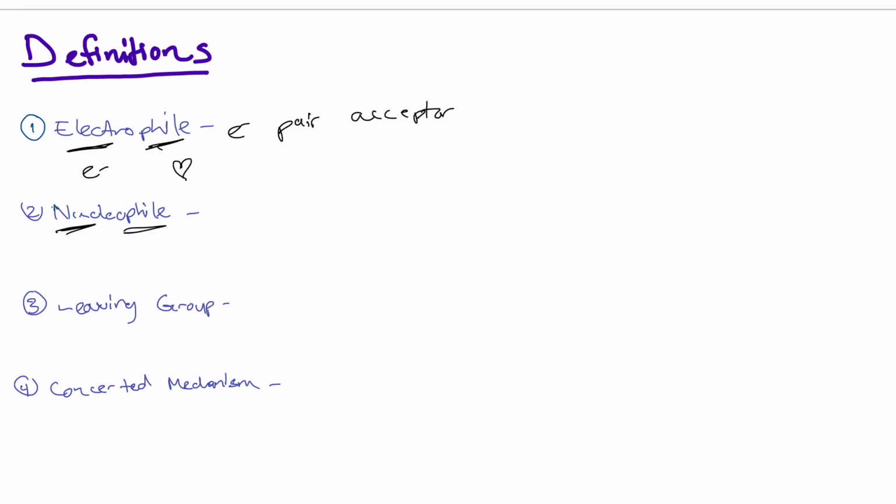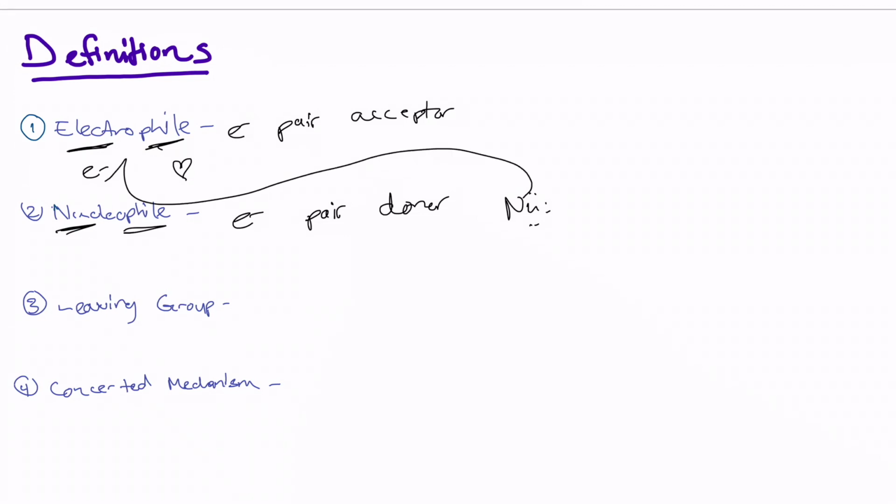In other words, a nucleophile is an electron pair donor. It's rich in electrons, and it's going to attack an electrophile. If you want to memorize this, think about a nuke, so you think about attacking. A nucleophile is going to attack an electrophile.